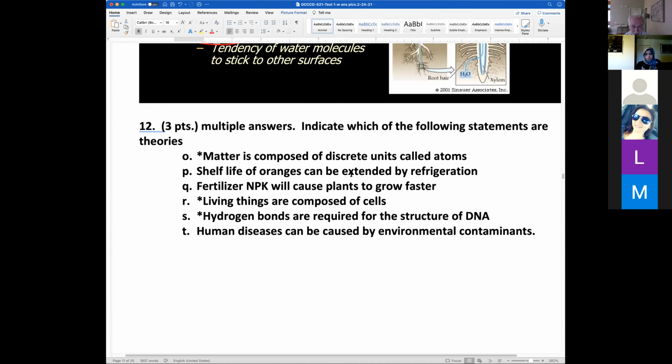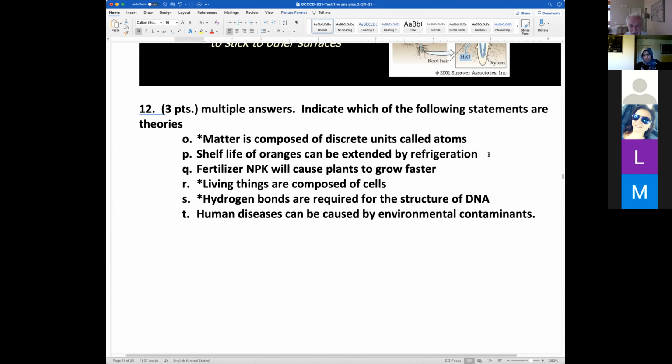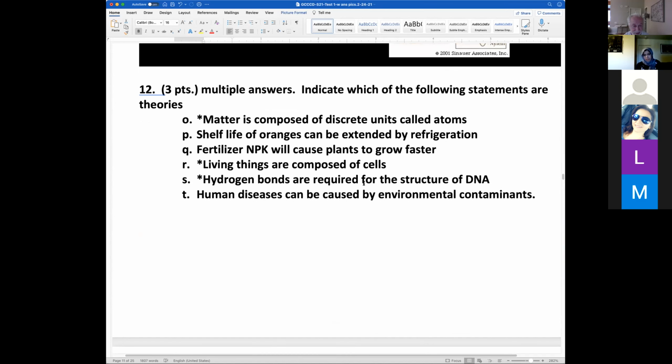Shelf life of oranges can be extended. Well, it's an observation, not well substantiated. It's not a theory. Fertilizer, not a theory. Living things are composed of cells. That's the cell theory. Hydrogen bonds are required for the structure of DNA. No one has ever observed DNA without hydrogen bonding. So that is a theory.